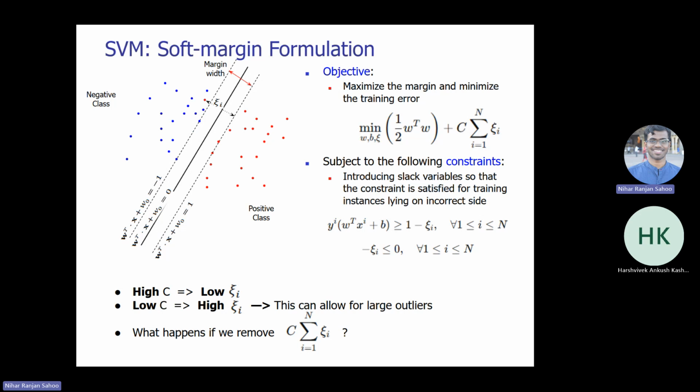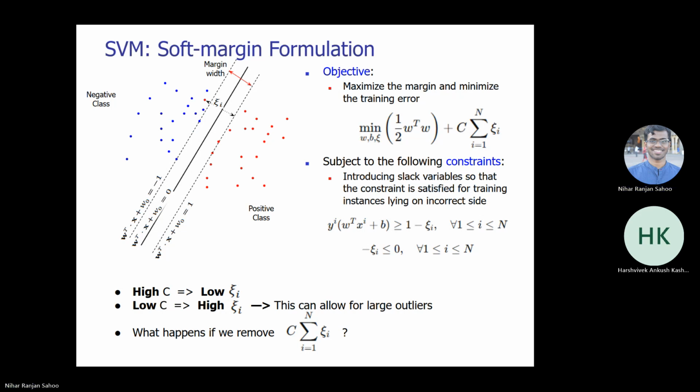The algorithm will decide. You are not mentioning anything explicitly; you are assigning a variable xi to every point. The algorithm will decide which is the outlier and how much penalization I have to do for every data point. Any other doubt?